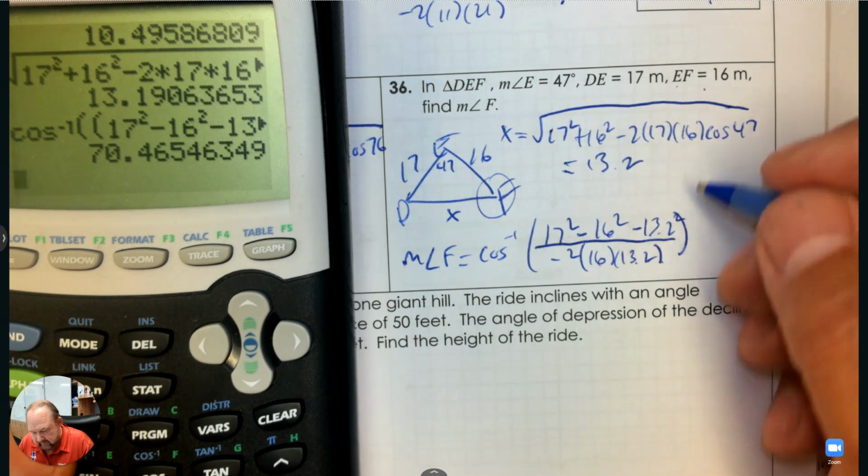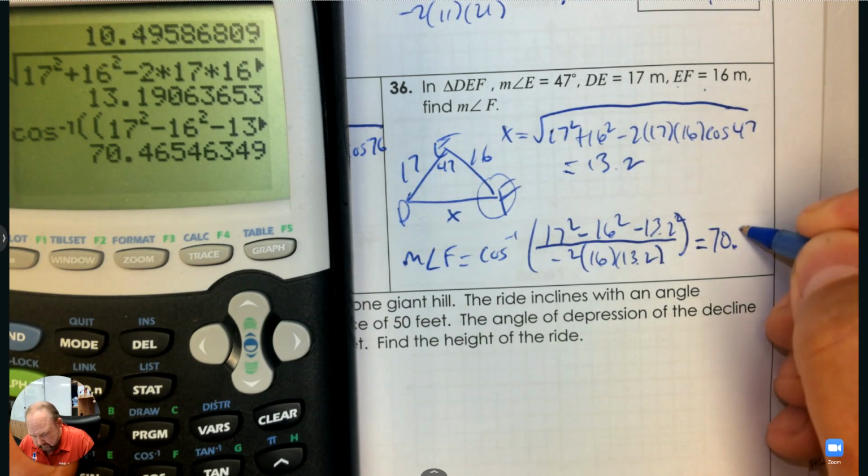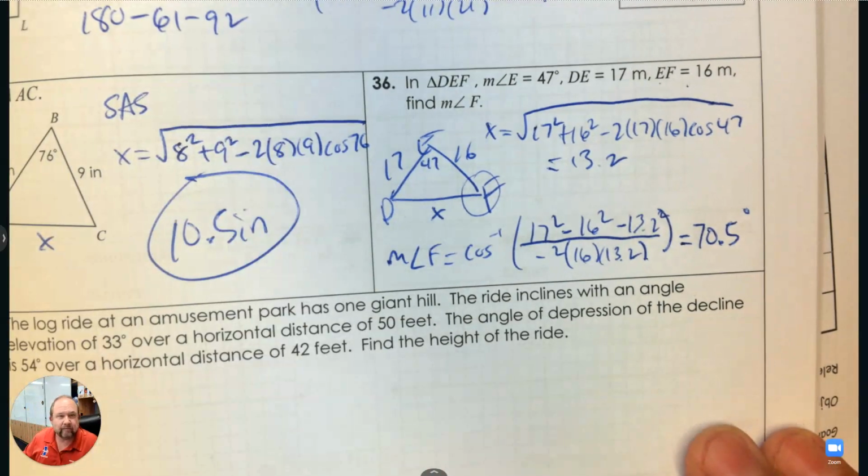And I get 70.4 or 5 as the missing angle.